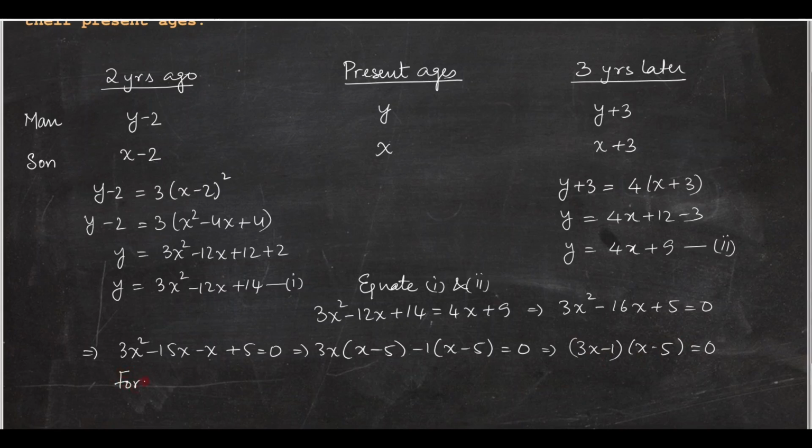Now for 3x minus 1 equal to 0 implies x must be 1 upon 3, and for x minus 5 equal to 0 implies x is 5. Now if you look at this value of x, we have assumed the son's present age is x.